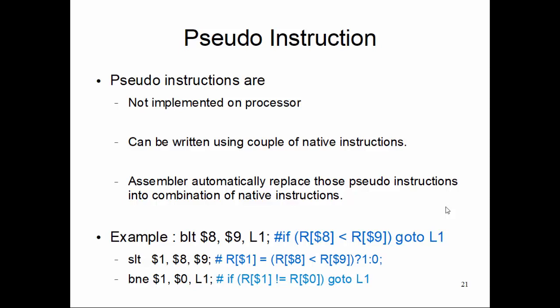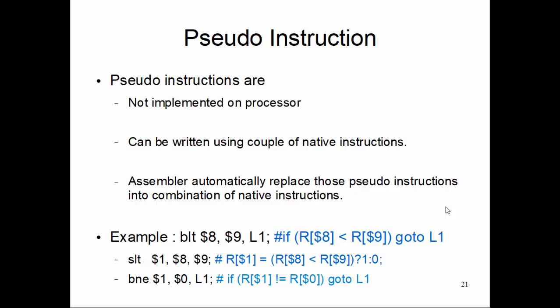Pseudo instructions are not part of that set of instructions the processor provides, but they can be implemented with two or three basic instructions, a couple of native instructions. So the assembler automatically replaces a pseudo instruction with a combination of native instructions.